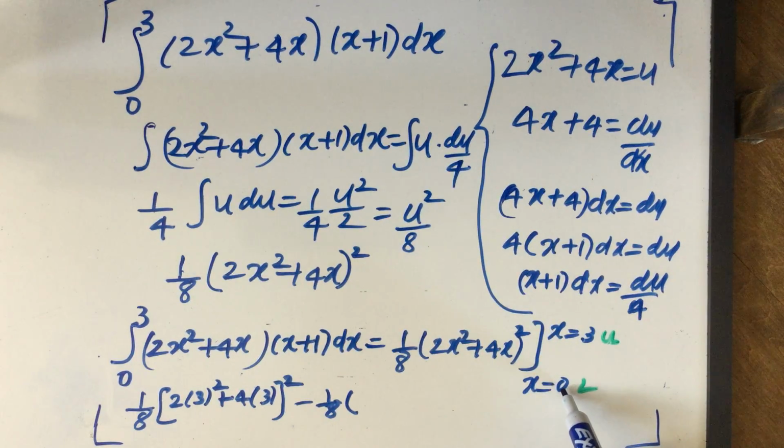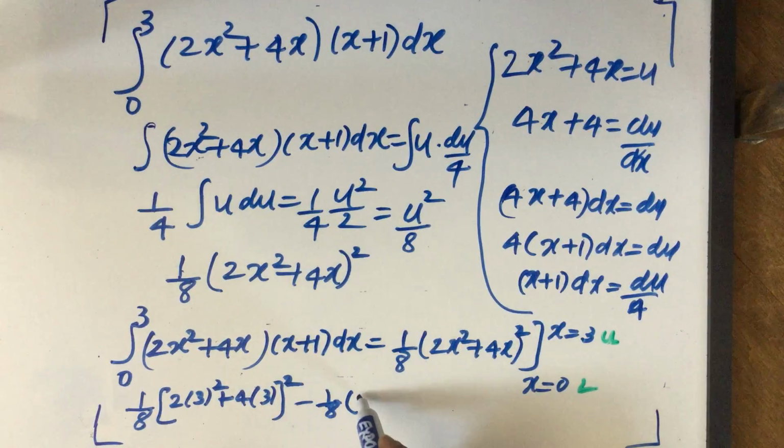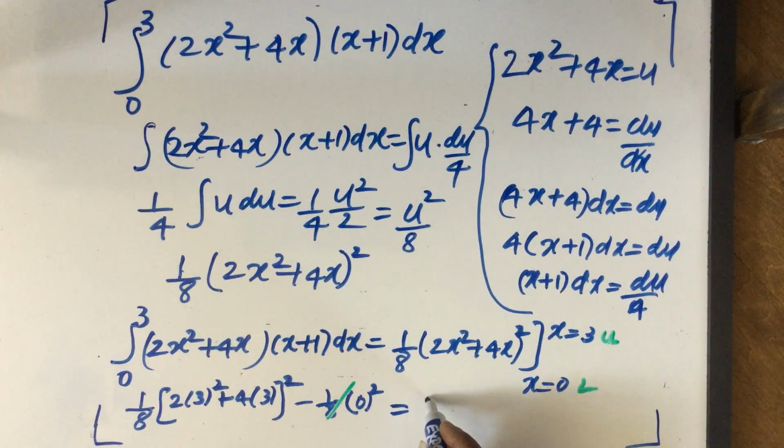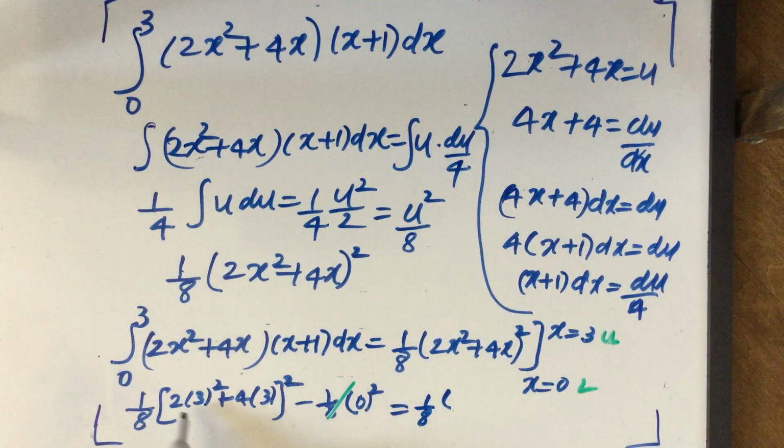Now for the lower, 0, the whole thing becomes 0 square. So here this whole thing becomes 0, so you don't need to worry about this part. Now this will become 1 by 8 times 18 plus 12, the whole square, which is 900.